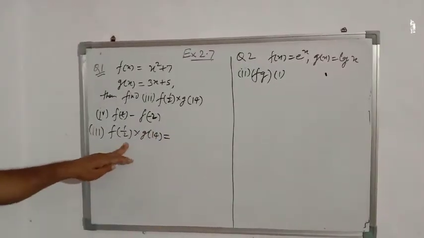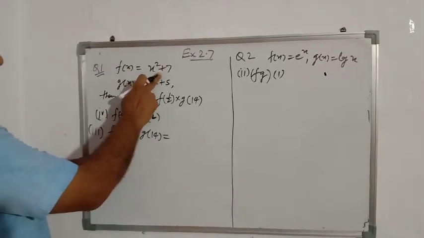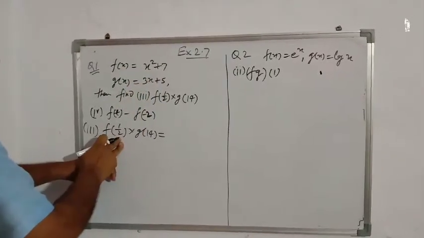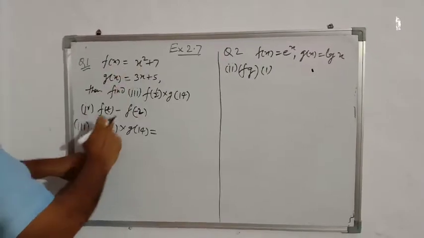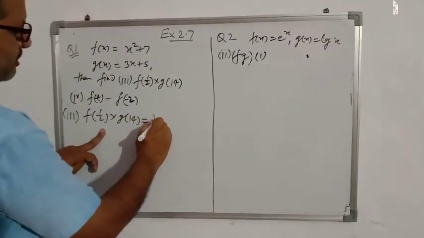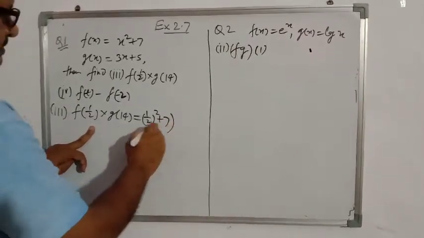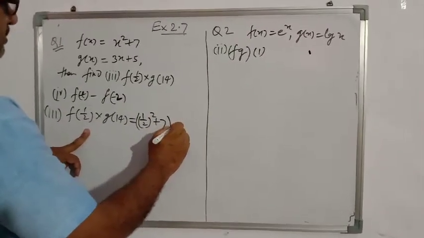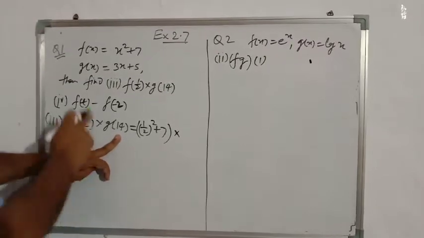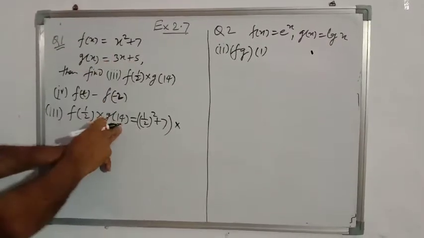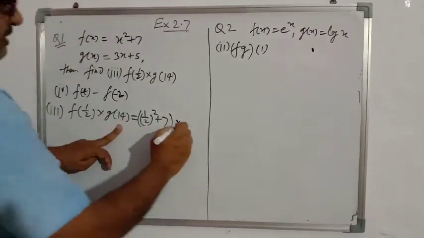How will we get f(1/2)? f(x) is equal to x square plus 7. For f(1/2), in place of x we will put 1 by 2 here. So it will be (1 by 2) whole square plus 7, multiplied by g(14). g(x) is equal to this much. So for g(14), put x is equal to 14.